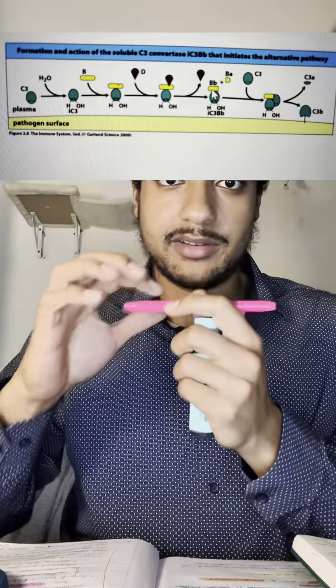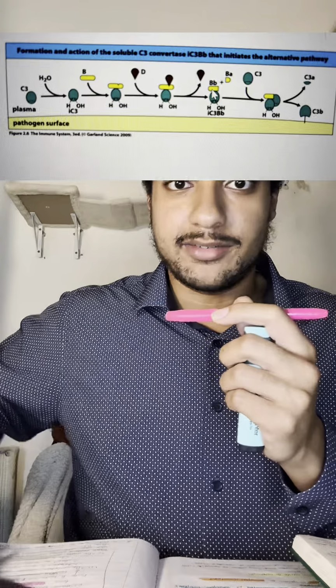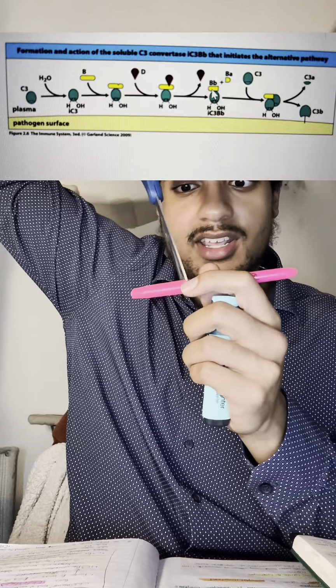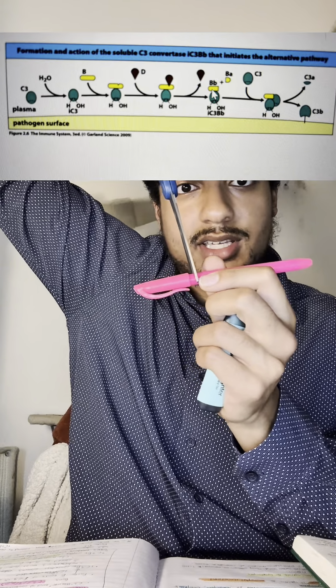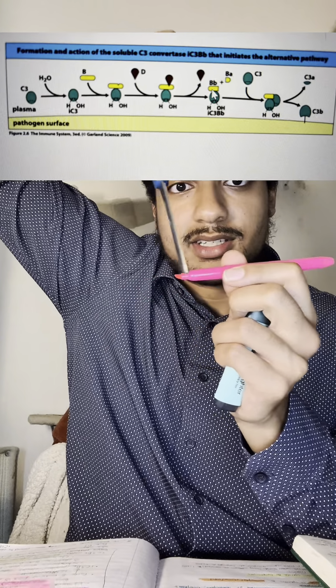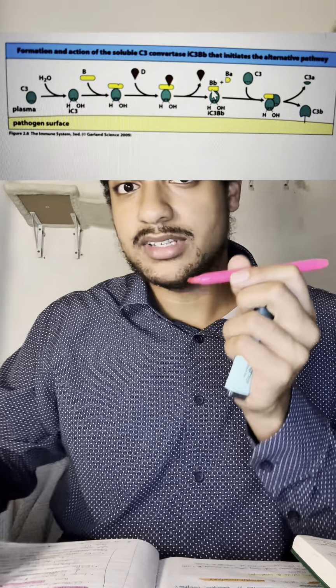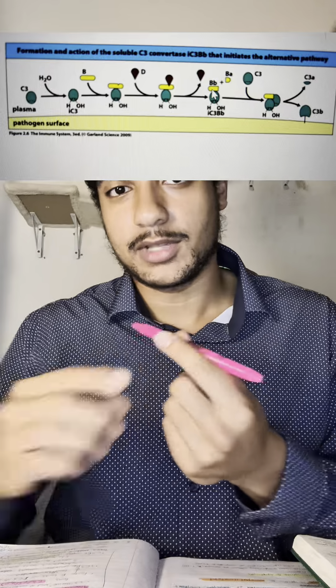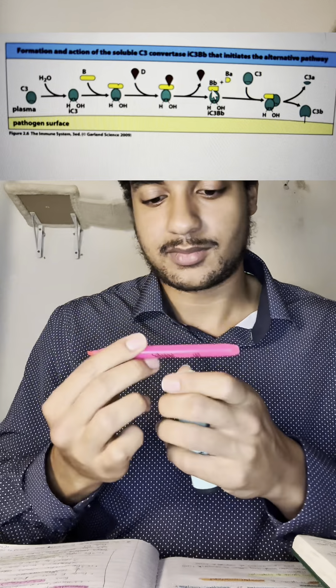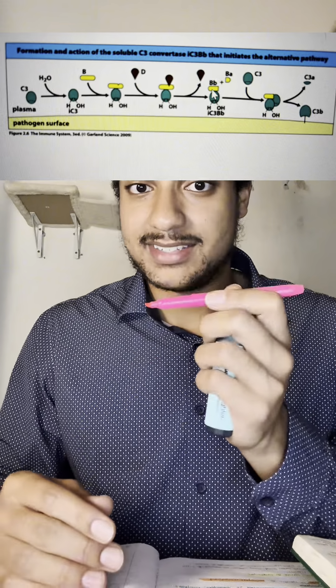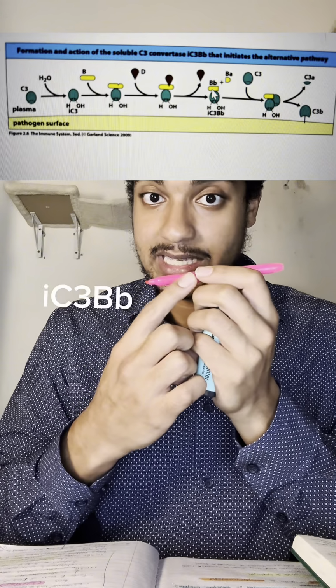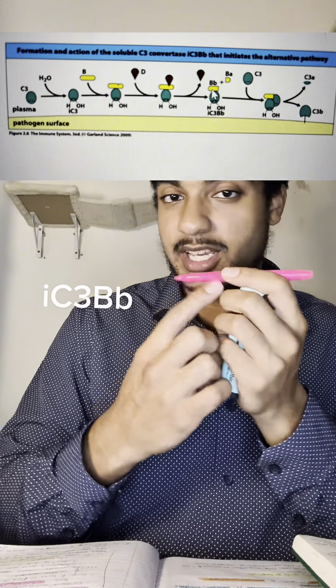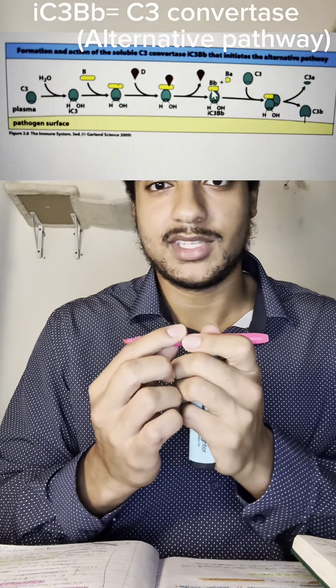iC3 is going to bind factor B, and then factor D comes in, binds to factor B, and cleaves it, all right? And we discard factor Ba, and we're left with factor Bb. And so now you have iC3Bb, uppercase B, lowercase b.